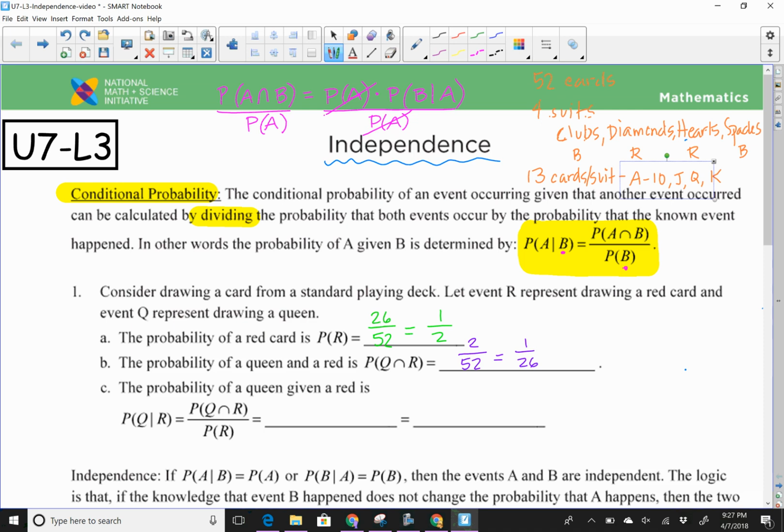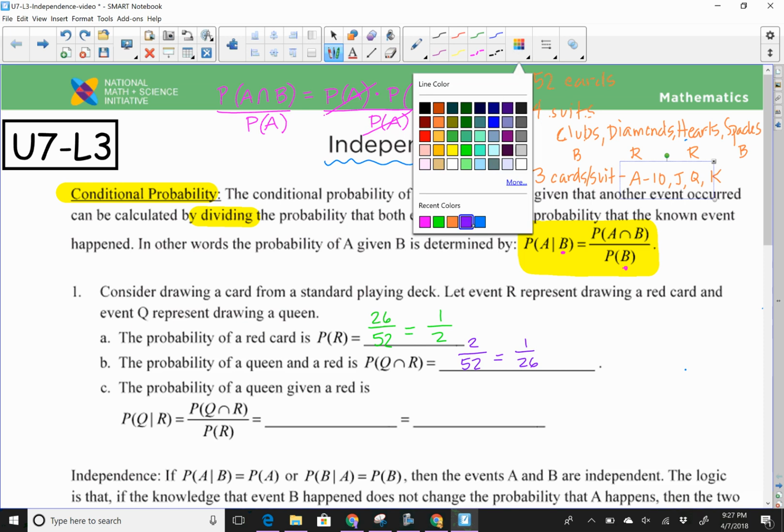Like I said, you can go through and use the formulas, but I think most people find this an easier method. If you do want to use formulas, you might find someone to help you with that. Now find the probability of a queen given it is red.